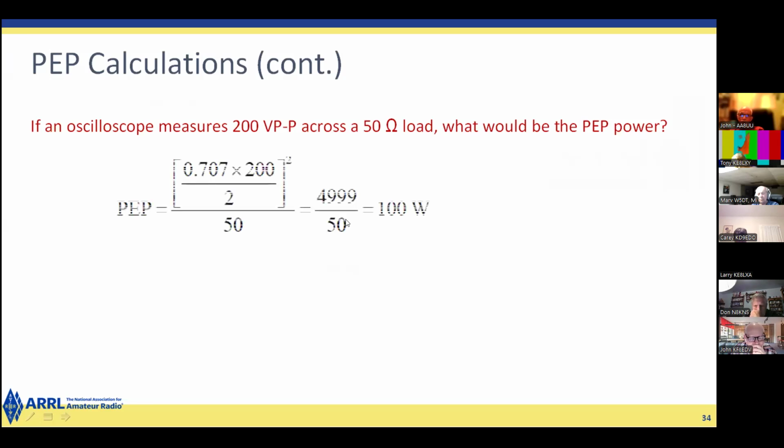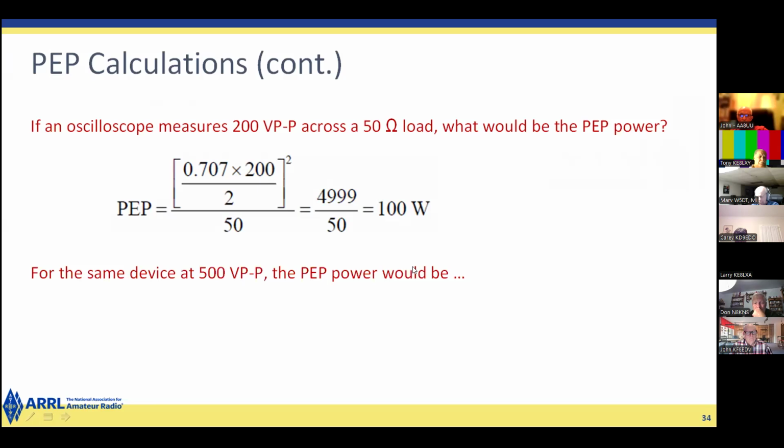See if I can get this to work. There we go. So 200 volts peak to peak times 0.707 divided by 2. You square it, and they get this 499. You divide that by 50, and you get 100 watts, roughly.